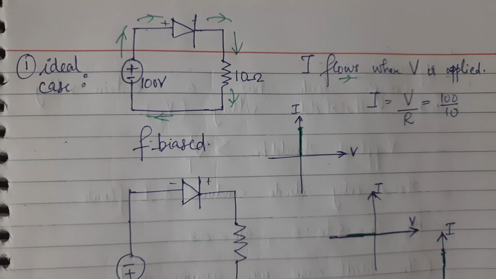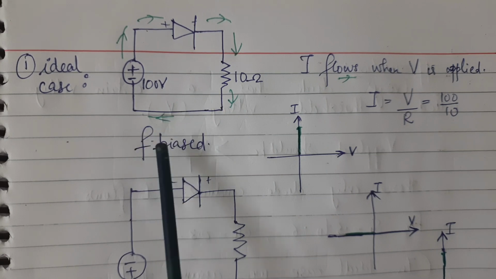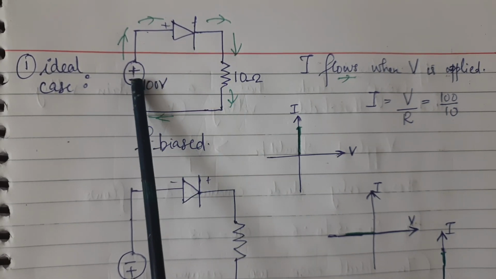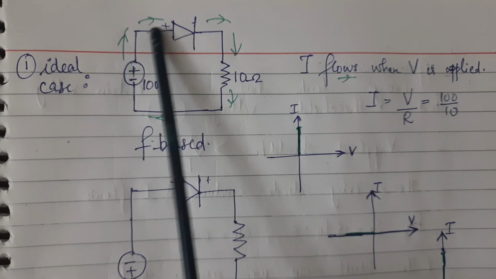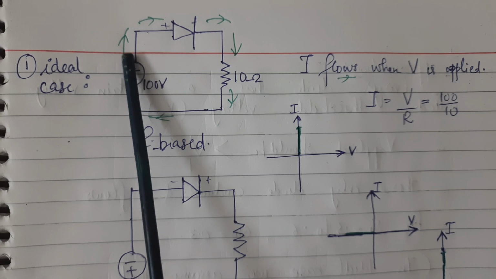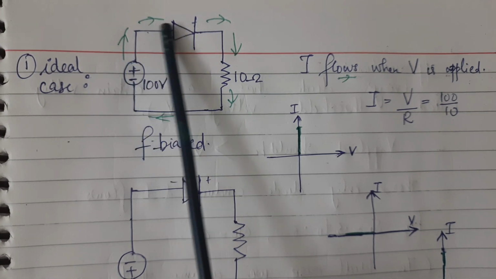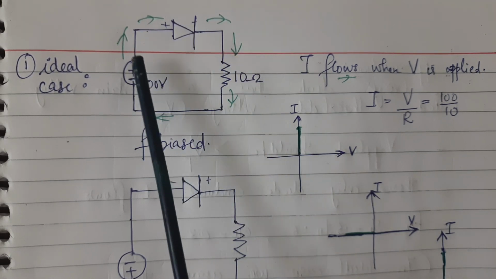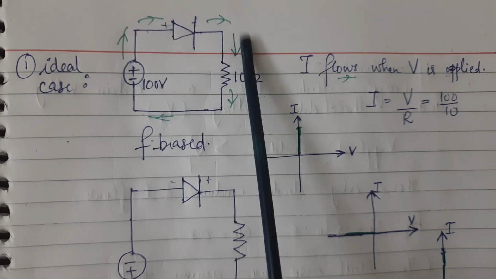The ideal case is like this: we can see this is a diode and we have applied a voltage, and the positive voltage is applied to the anode side of the diode, and this is the cathode. So I am applying a positive voltage to the anode side and negative to the cathode side. In that condition, the diode is said to be in forward bias.